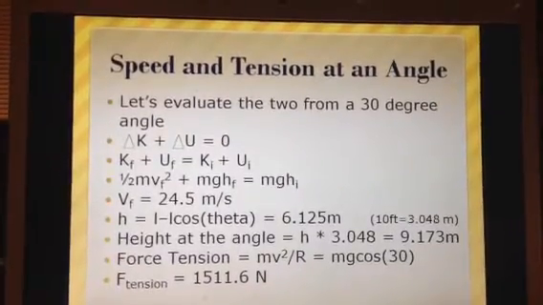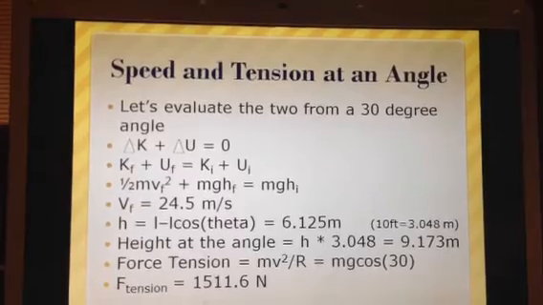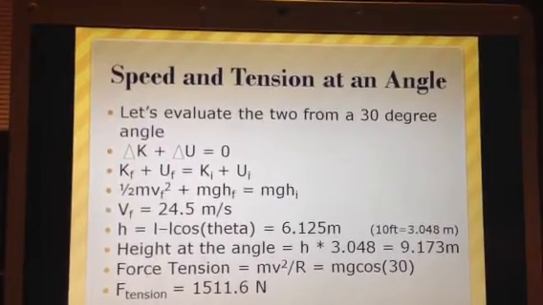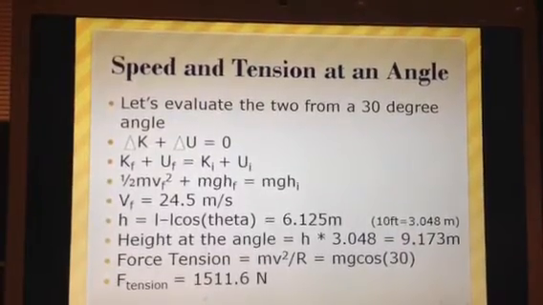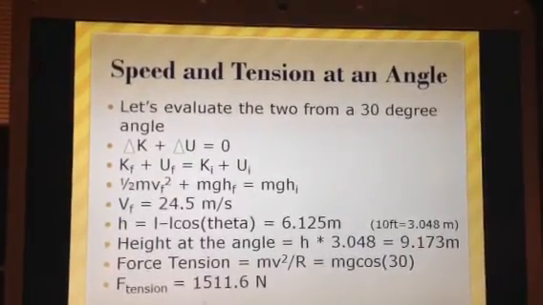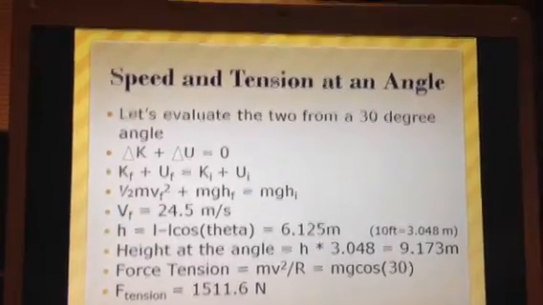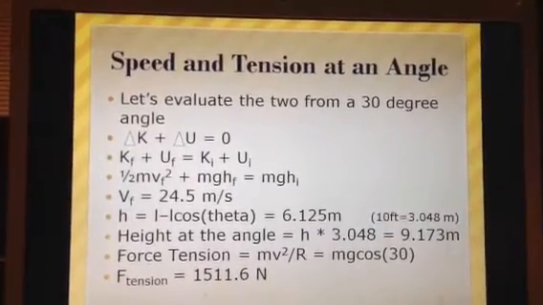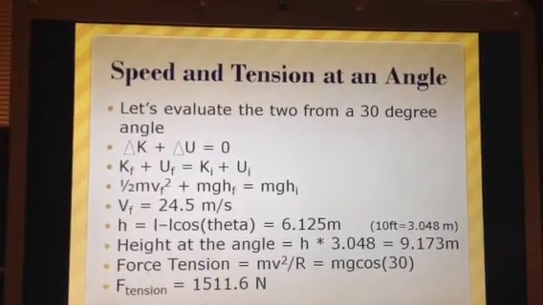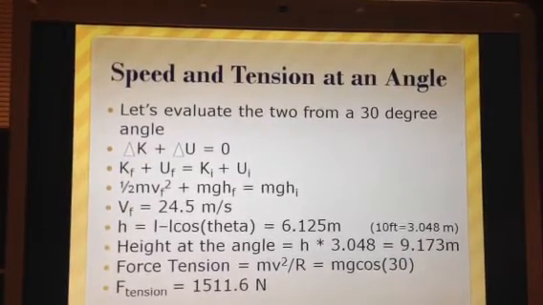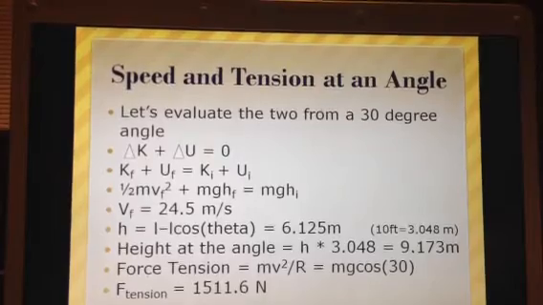Speed and tension at an angle. So now we're going to look at this from a 30-degree angle. The change in kinetic plus change in potential is equal to 0. Kf plus Uf equals Ki plus Ui. That's just decomposing that into parts. So we have 1/2 m vf squared plus mghf equals mghi. So the heights are changing there, so you're going to have different potentials based on the height. And we also know that the initial kinetic is going to be 0.